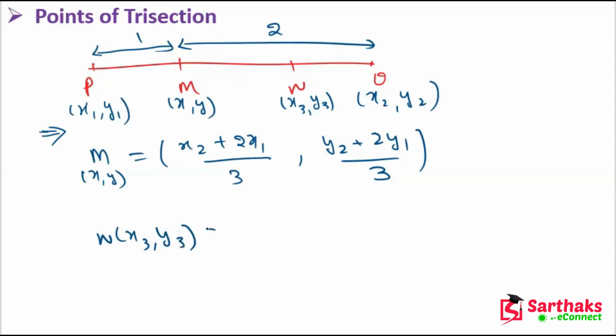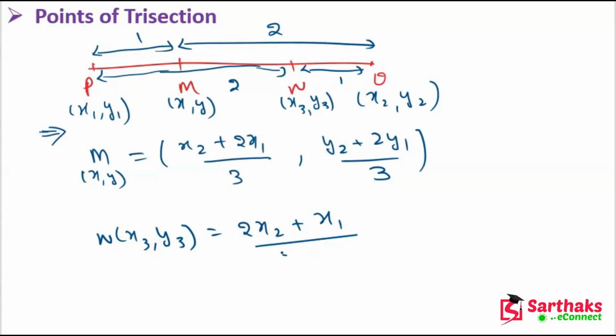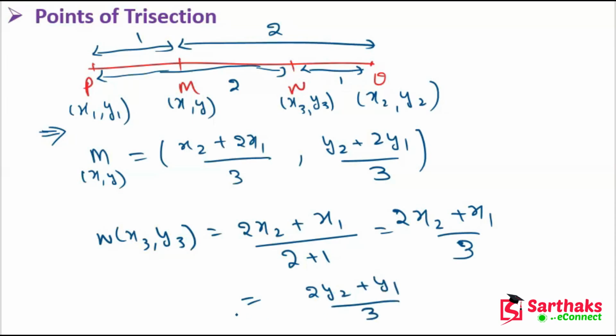In this case we are taking the ratio 2:1. So the values are x3 = (2x2 + x1) divided by 2 + 1, which equals (2x2 + x1) divided by 3. And for y, this becomes (2y2 + y1) divided by 3.